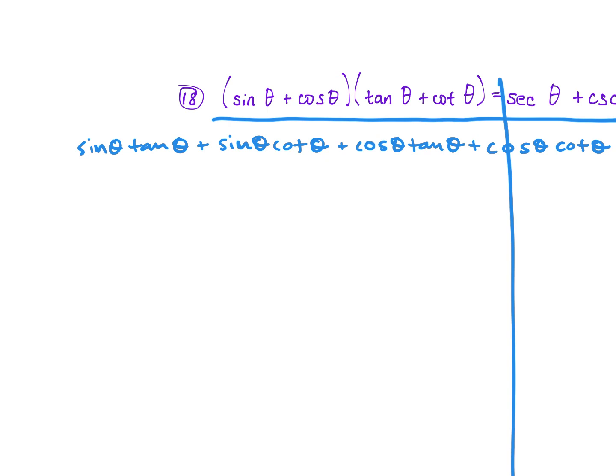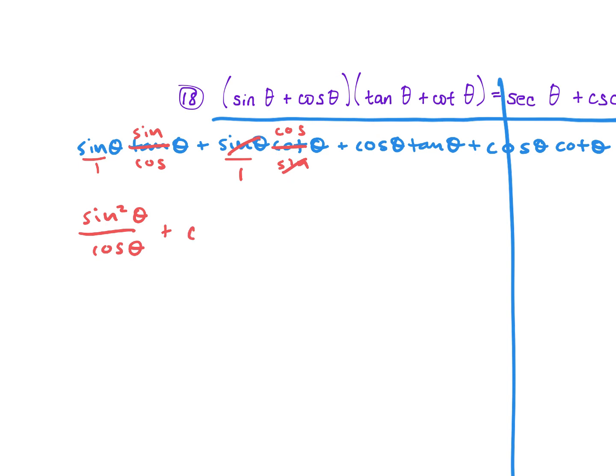Get everything in cosine. Okay, I can do that. I can change everything to be in terms of sine and cosine. So tangent, I'm just going to change it here, would be sine over cosine. So when multiplying this, I get sine squared over cosine. Cotangent becomes cosine over sine. So the sine on top cancels out with the sine on the bottom.